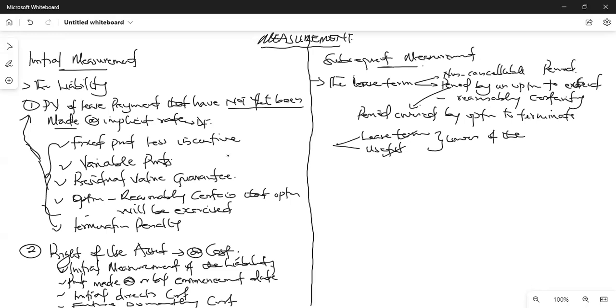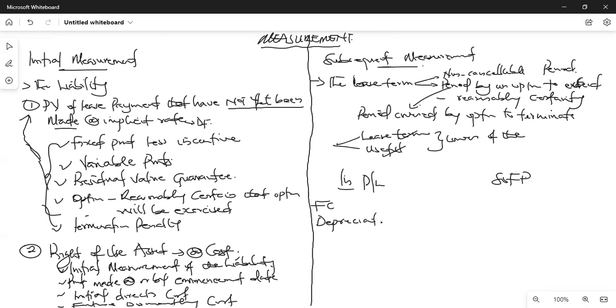When we are looking at the subsequent measurement, the things we are looking for are things that will appear in the P&L and also the SOFP. In every lease, what you will see reflecting in your P&L are majorly finance costs, because it's a liability, and also depreciation.